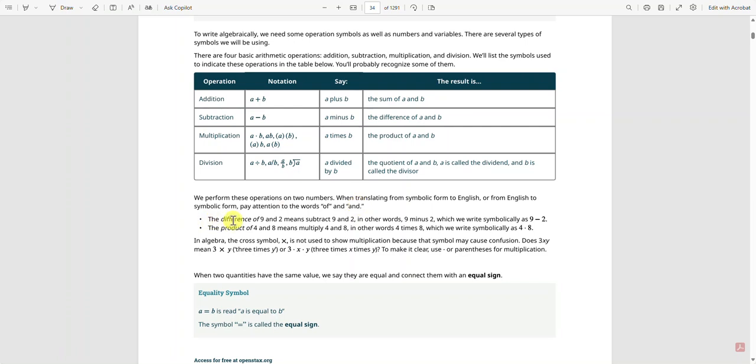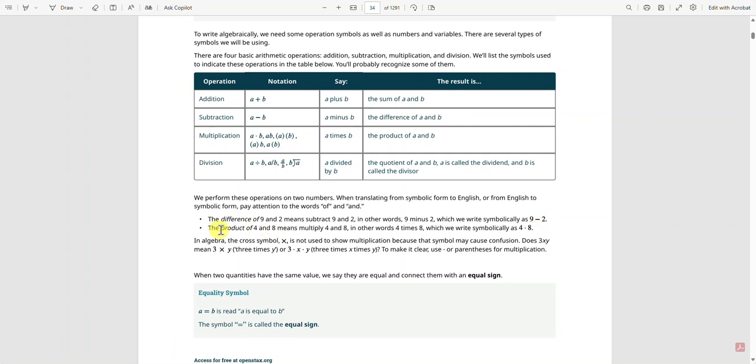The difference of 9 and 2 means subtract 9 and 2. In other words, 9 minus 2, which we write symbolically as 9 minus sign 2.